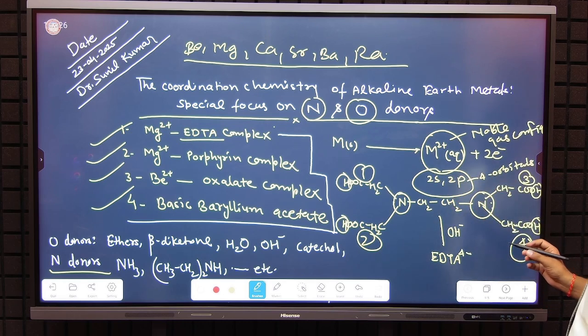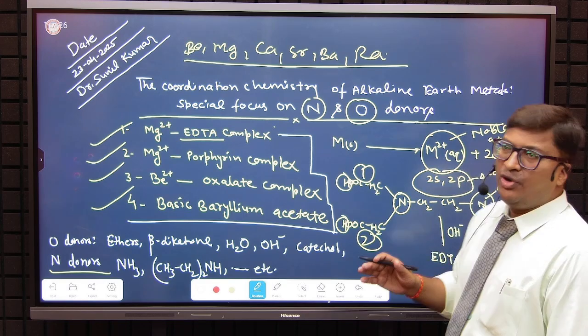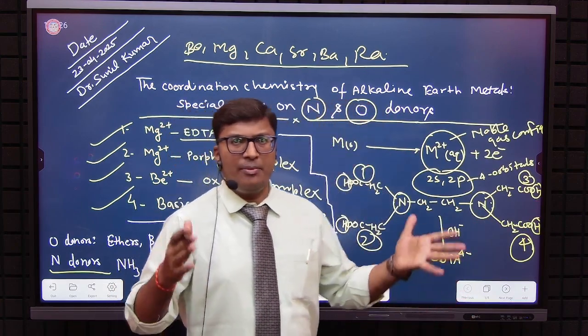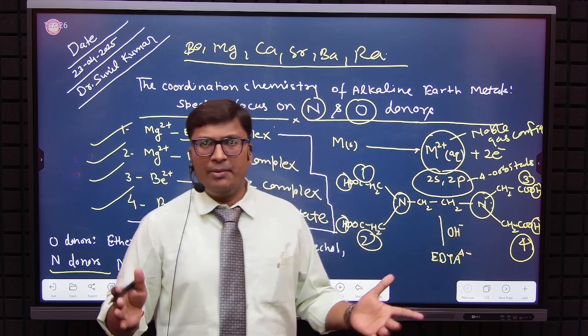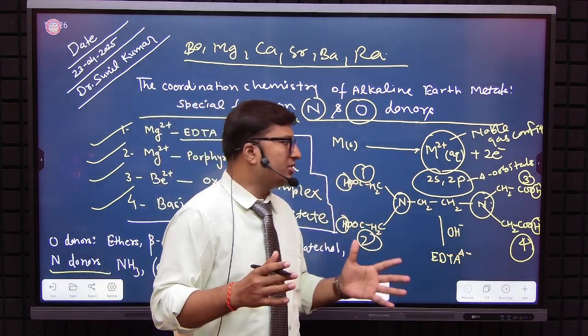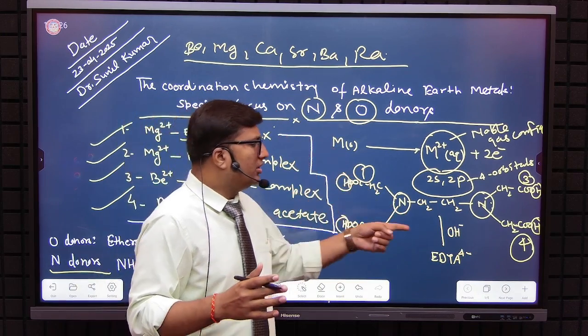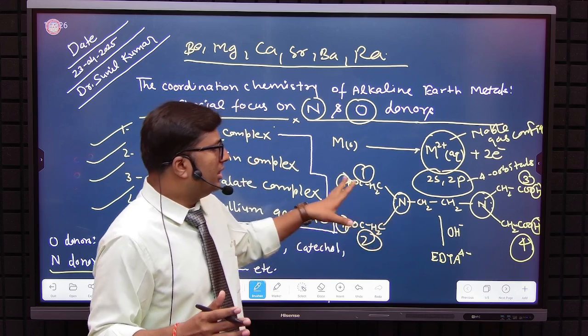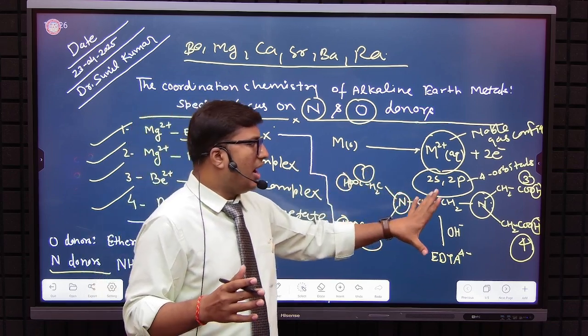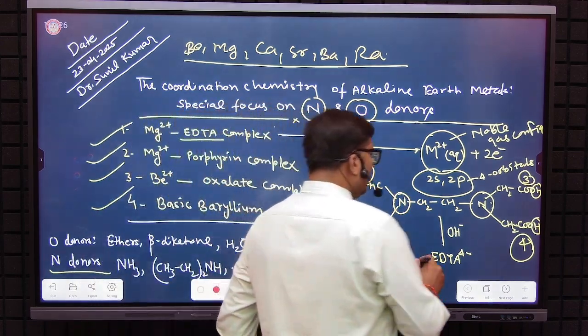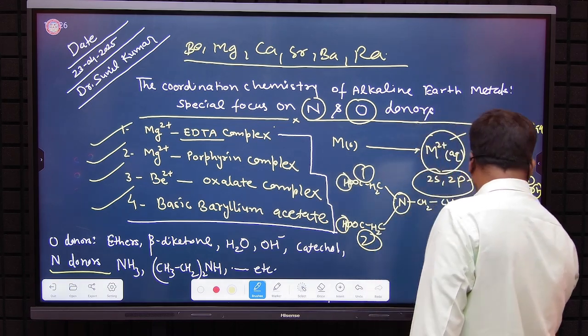Once we add hydroxide ions, it means we are adding a strong base, right? The strong base has a tendency to abstract all the protons involved in this particular structure. So the hydroxide ion will abstract 4 hydrogen ions, resulting in the formation of a polyanion, that is called EDTA 4 minus.